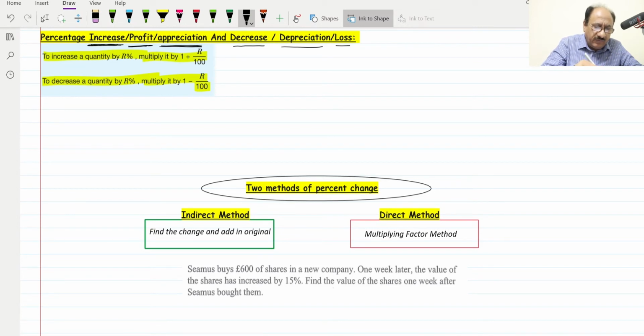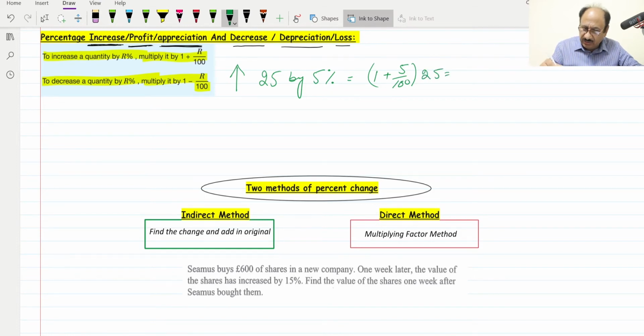For example, increase 25 by 5%, a simple question we can consider. How will we increase? We take 1 plus 5 over 100. This is the multiplier. We multiply it by 25 and find the answer directly.